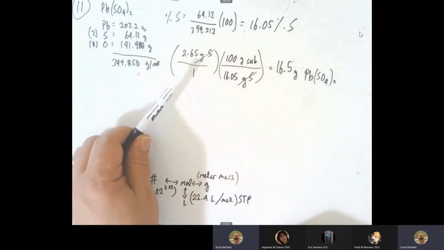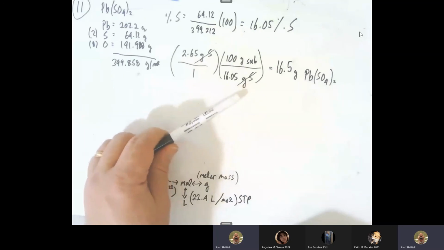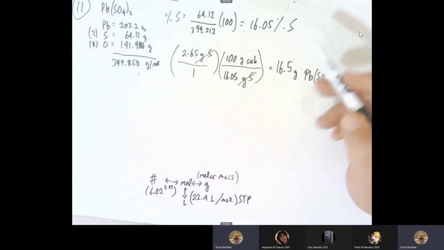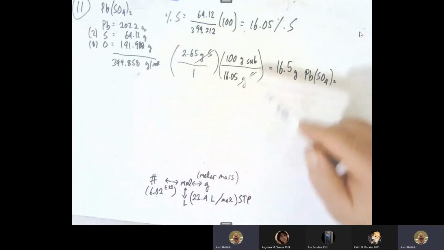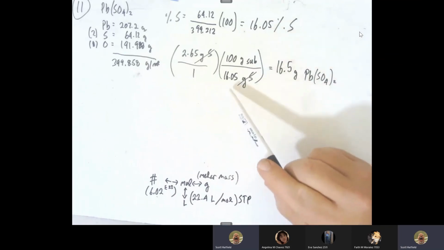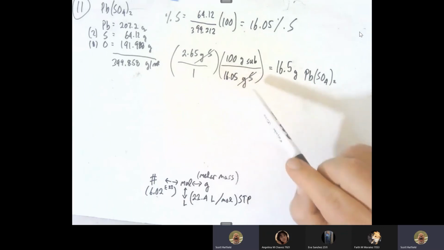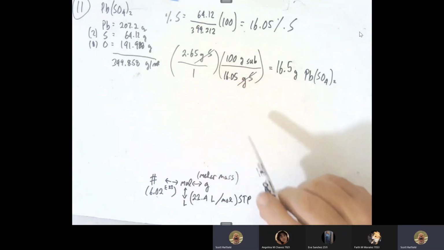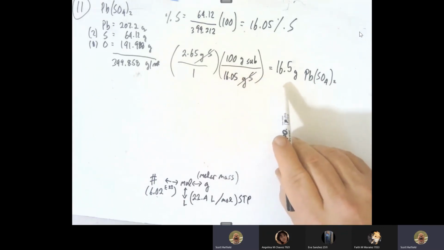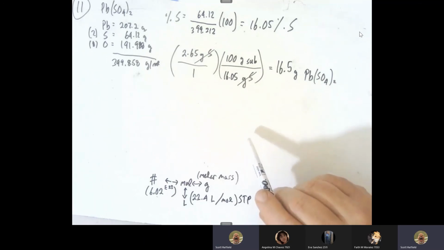Then we take 2.65 grams of sulfur, and we use the fact that we've turned this percentage into a ratio. For every 100 grams of substance, we would have 16.05 grams of sulfur. The grams of sulfur cancel out, and we end up with this prediction of 16.5 grams.